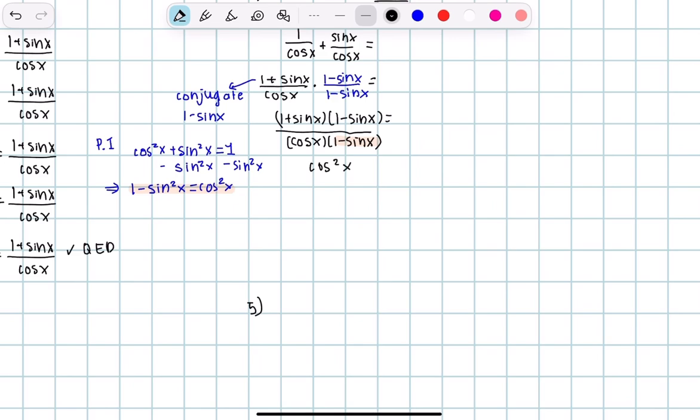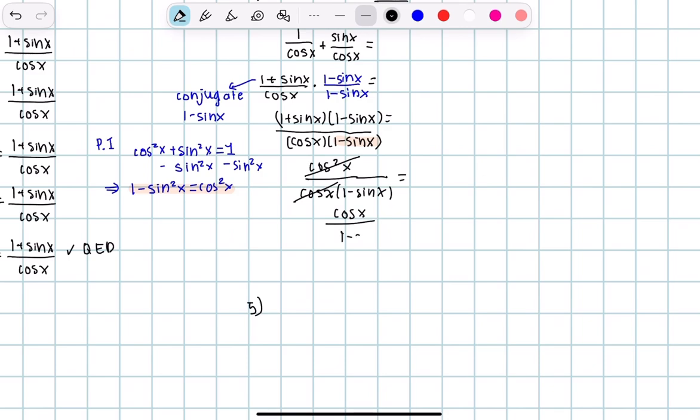Cosine squared x. You just substitute it back in over there. And then you have cosine squared x, cosine x, 1 minus sine x is equal to... Then you take this, cancel out one copy of cosine x and leave that in the top.